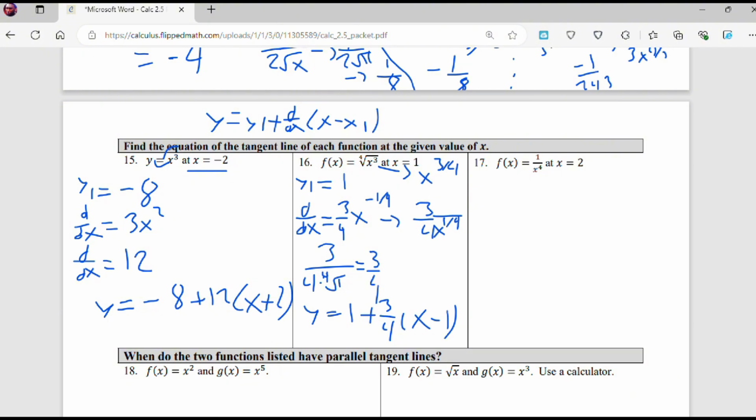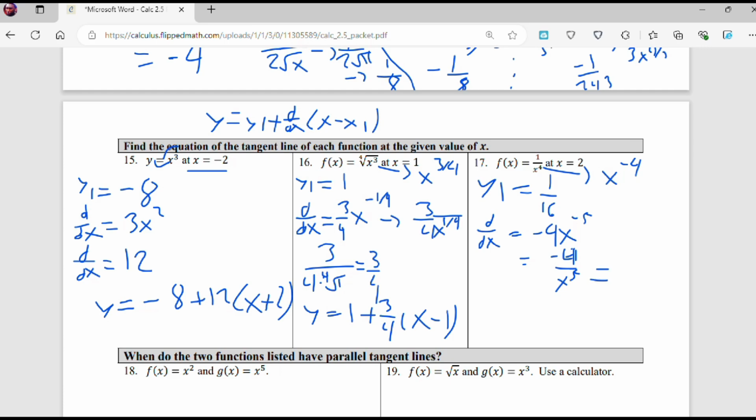All right, last one is f of x equals 1 over x to the fourth at x equals 2. Let's find our function value. y1 is equal to 1 over 2 to the fourth. 2 to the fourth is 2, 4, 8, 16. So 1 over 16 is our y1. Let's find our dy/dx. It can be rewritten as x to the negative 4. So move the negative 4 to the front. Negative 4 minus 1 is negative 5. So rewrite this as negative 4 over x to the fifth.